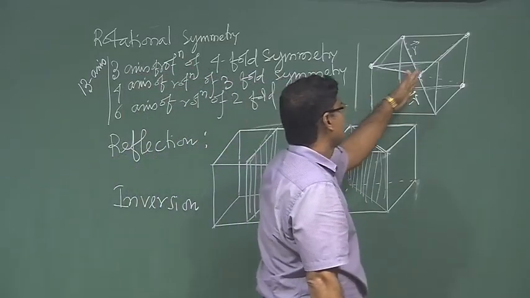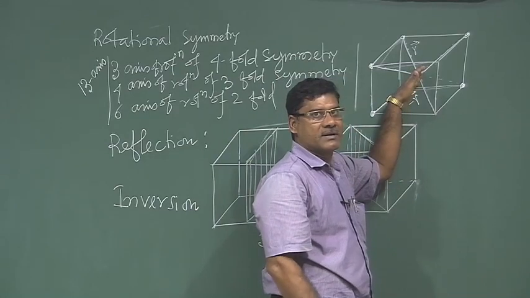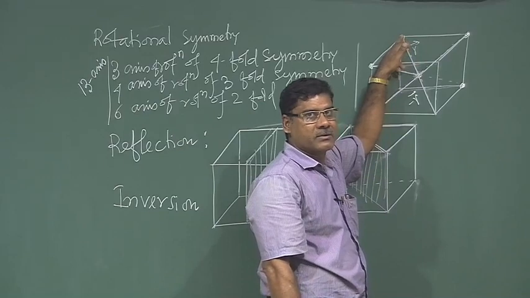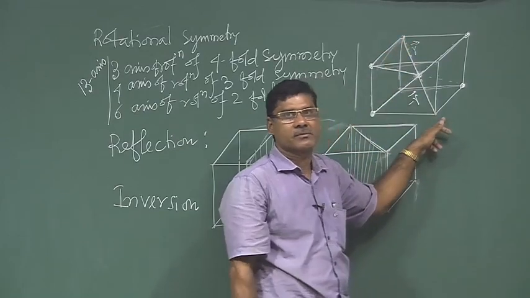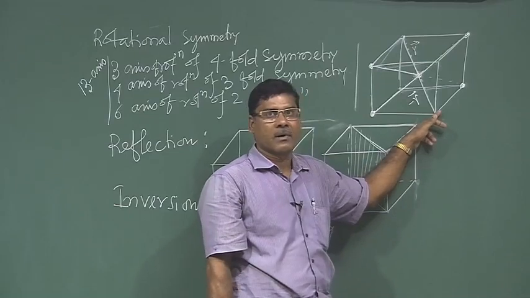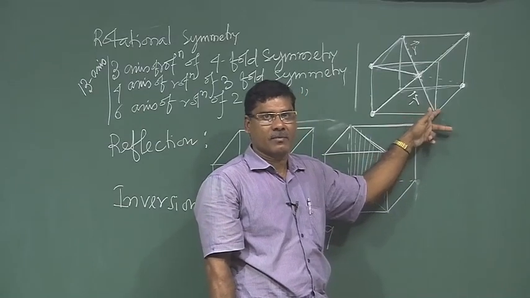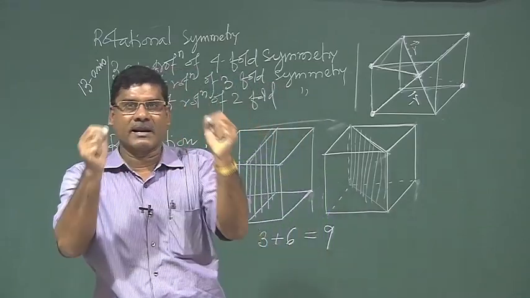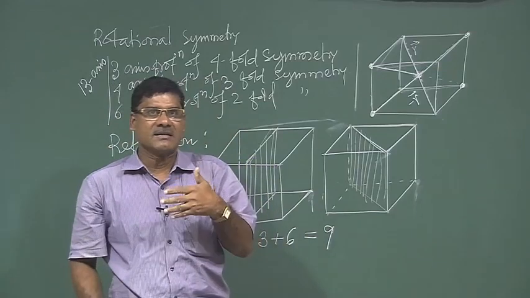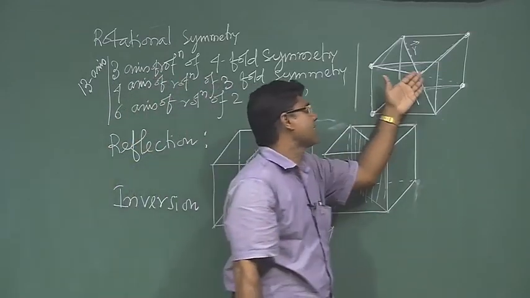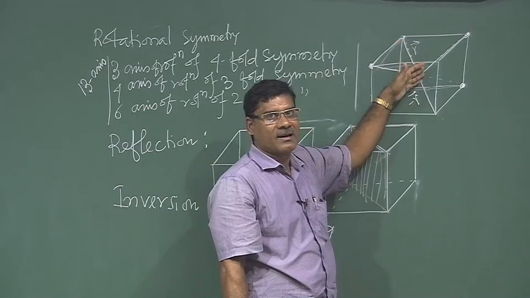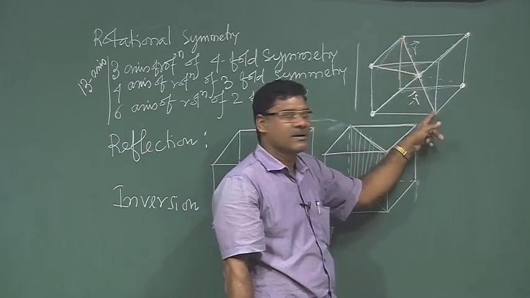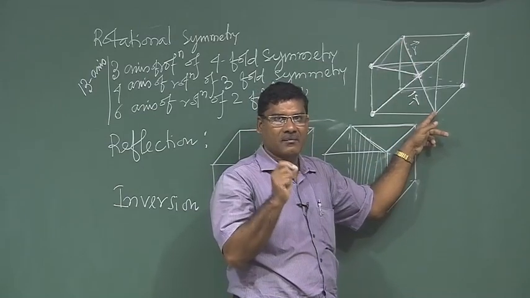then immediately, if I take a lattice point here, there must be another lattice point at this point here. That is what the symmetry is telling. Since we have taken a cubic crystal where we know where the lattice points are, we can easily see that when this point exists in the cubic crystal, this other point must exist.